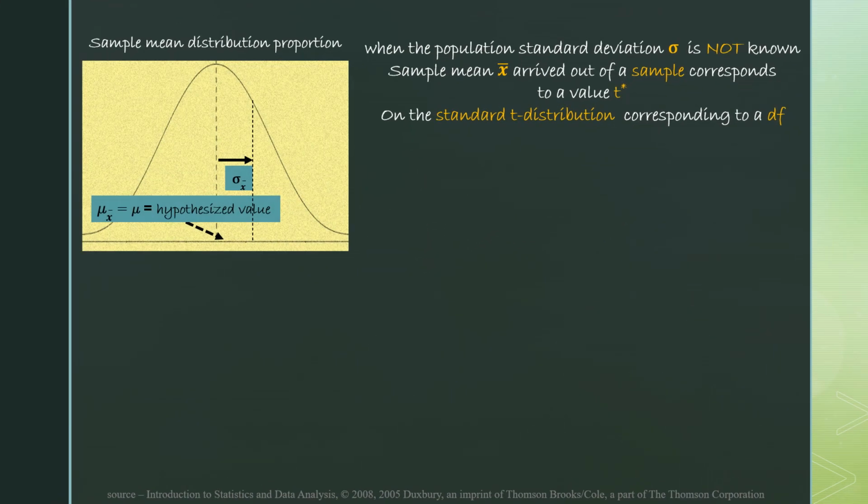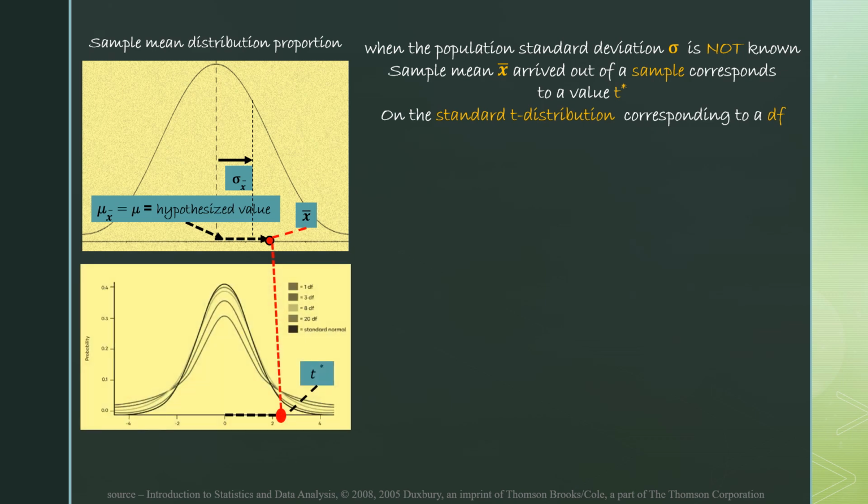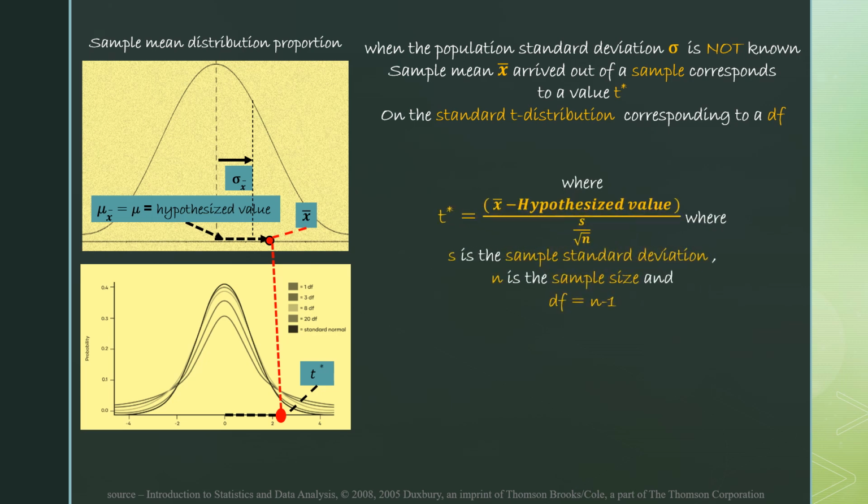When the population standard deviation sigma is not known, the sample mean x bar arrived at out of a sample corresponds to a value t star on the standard t distribution corresponding to a given degree of freedom df, where t star equals x bar minus the hypothesized value, divided by s divided by the square root of n, where s is the sample standard deviation, n is the sample size, and the degree of freedom df equals n minus 1.